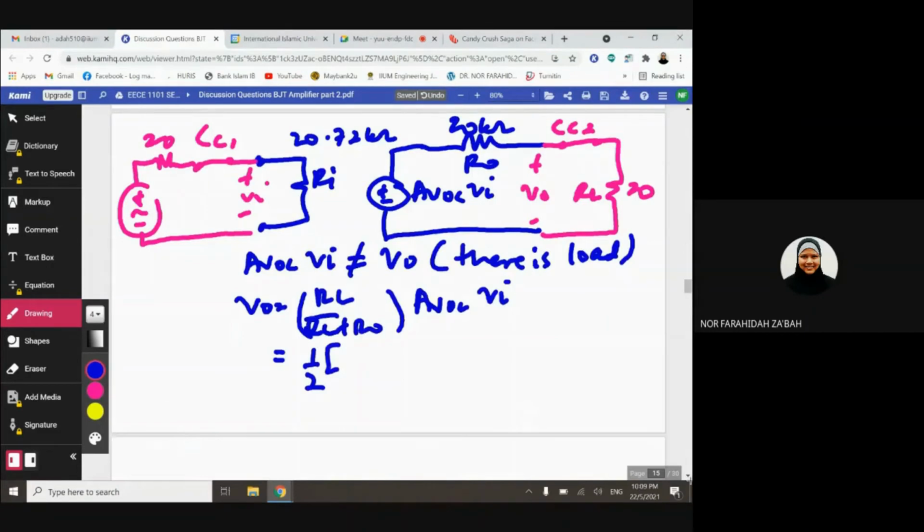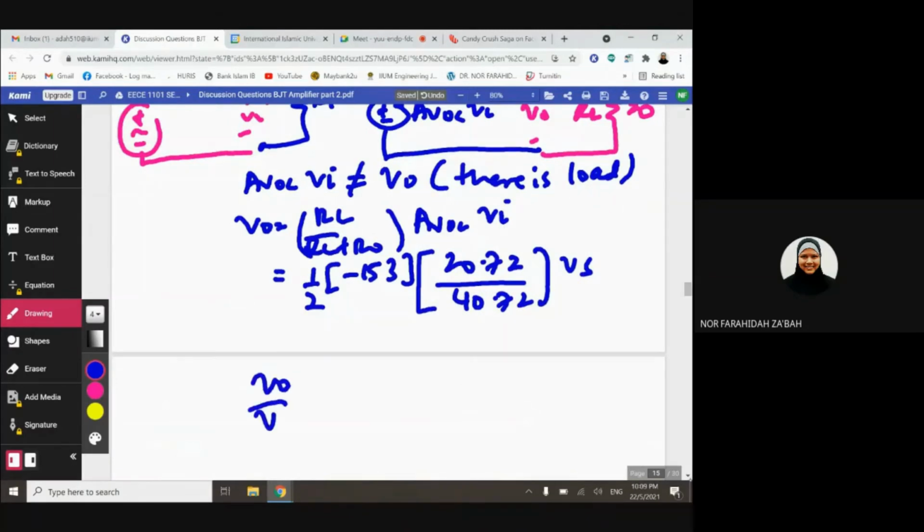AV is minus 153, the AVOC, and VI is equivalent to 20.72 over 40.72 VS, right? So you can calculate V out over VS equivalent to minus 38.93.